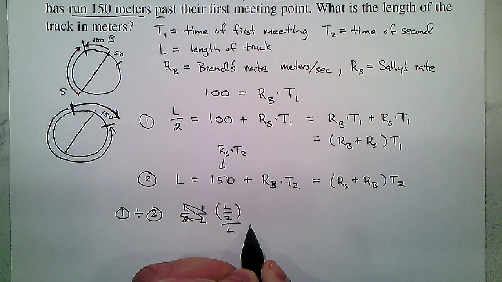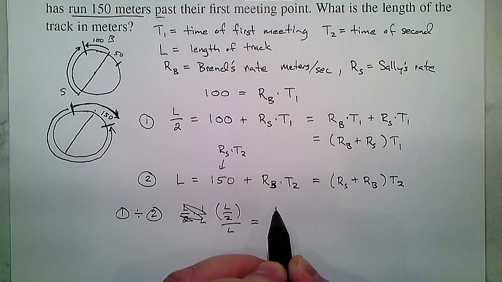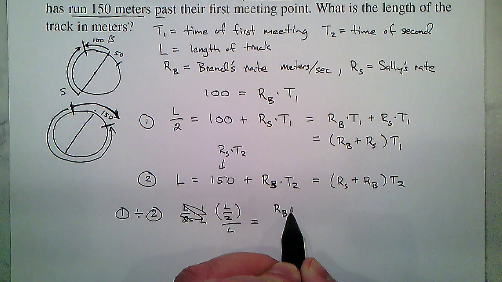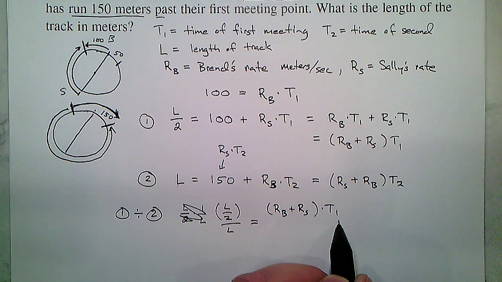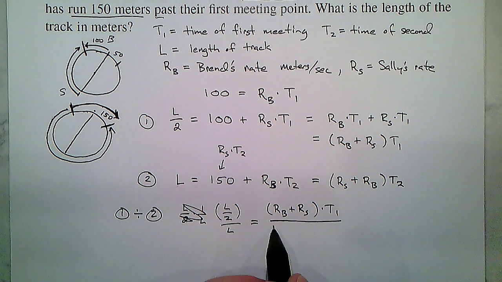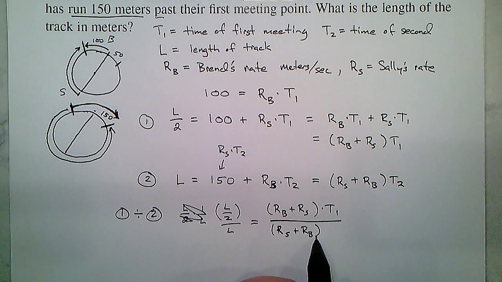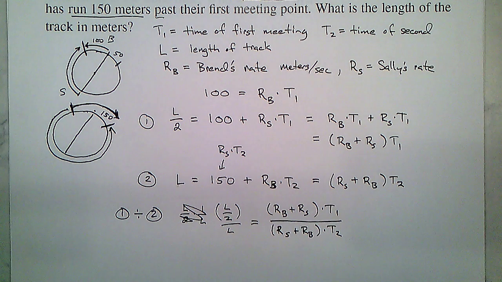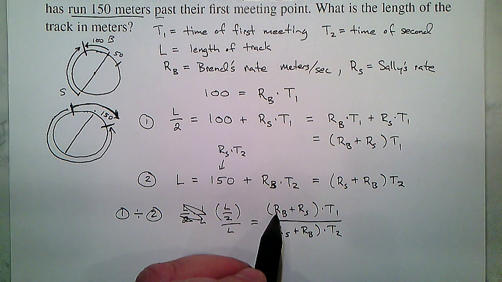And on the right-hand side, I'll have RB plus RS times T1 over RS plus RB times T2. All right. And of course, RS plus RB is equal to RB plus RS.